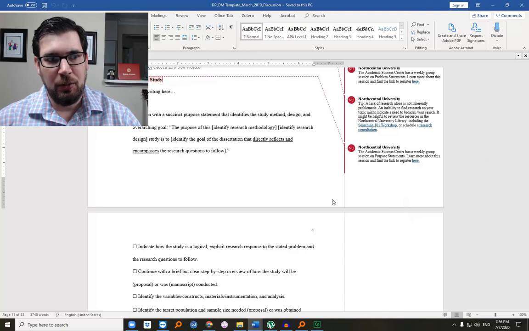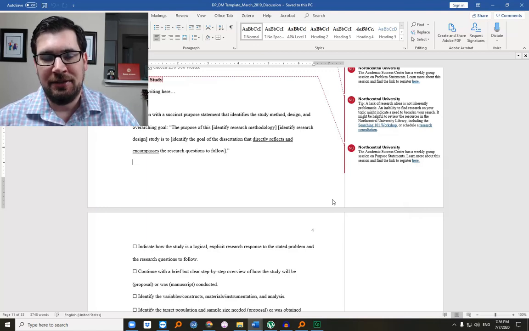So you've just done your problem statement, and we're going to start talking about a concept called alignment. The problem needs to lead to the purpose. Think of the problem like the fire. Something is on fire that scholars have pointed out. Something needs attention. It needs to be put out or dealt with or intervened.